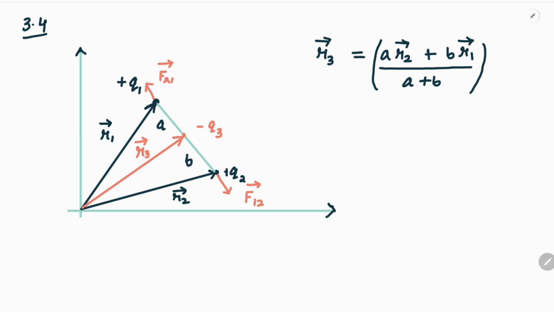Now since this is a negative charge, it is going to experience an attractive force from the first charge. So the first force that we identify over here is F13, and F23 will be in this direction, and these forces must balance each other for the equilibrium of the third charge.